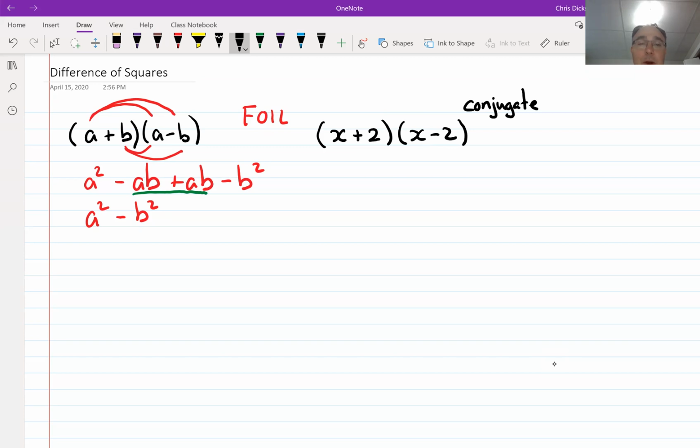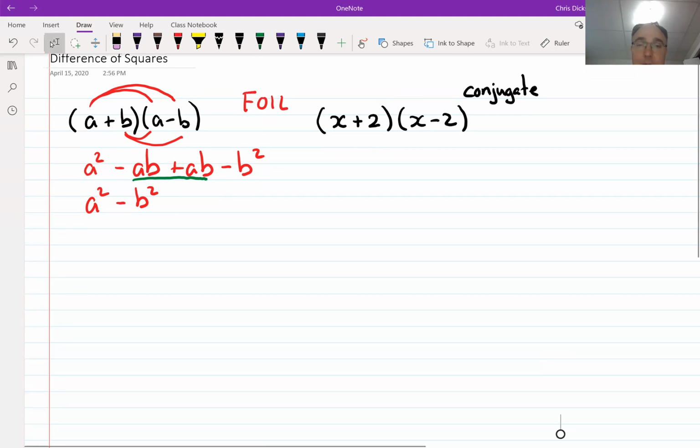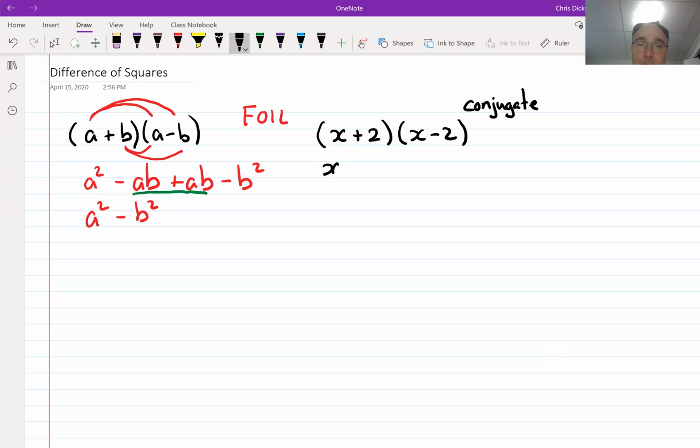So if I use FOIL on that, I get x times x, which is x squared. And then x times negative 2 is negative 2x. 2 times x is 2x. And 2 times negative 2 is negative 4. So I get x squared minus 4.